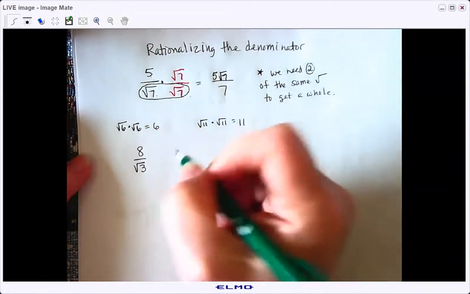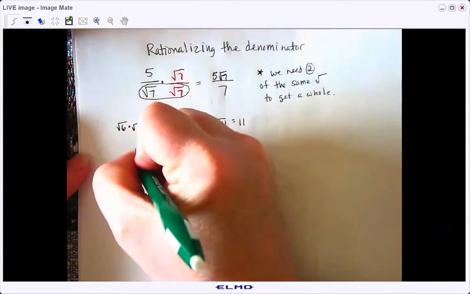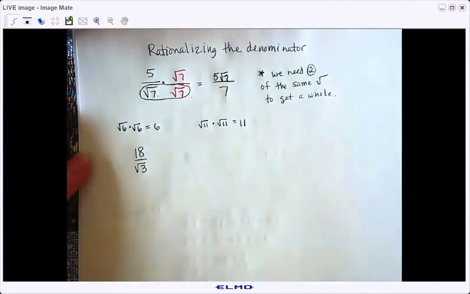Okay. Let's practice another one. 8 over √3. Actually, make it 18. I have a reason for that. Do I multiply by 18 or by √3? √3.